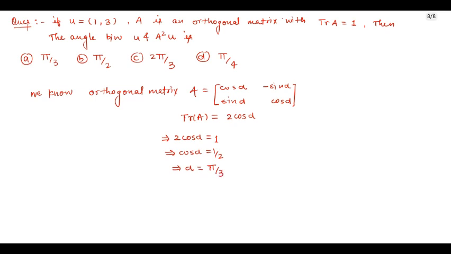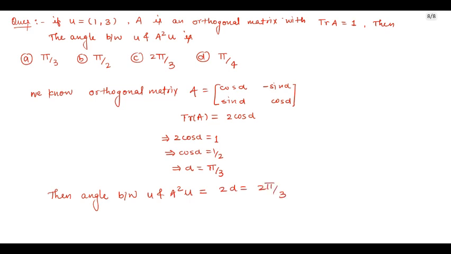Now you know the angle between u and Au is alpha, and between u and A square u is 2 alpha. So 2 alpha is 2 pi by 3.